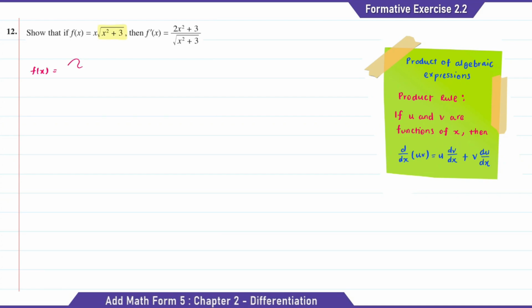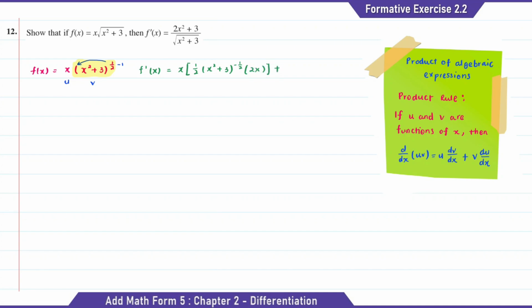So f of x is the same as x times x squared plus 3 to the power of 1 over 2. Here, first copy the u, which is x, then differentiate the v. This is equal to 1 over 2 bracket x squared plus 3 to the power of negative 1 over 2. Then differentiate the terms in the brackets, 2x.